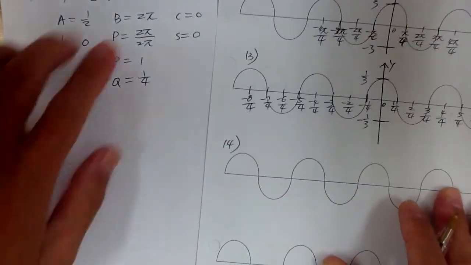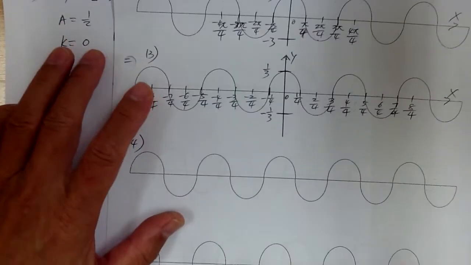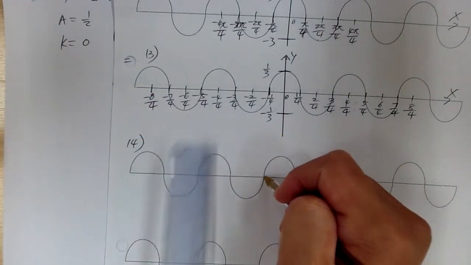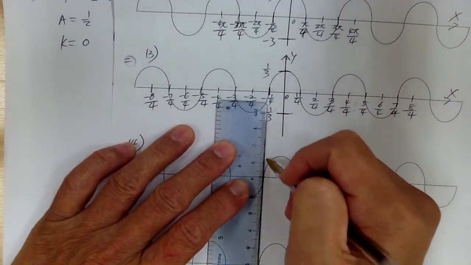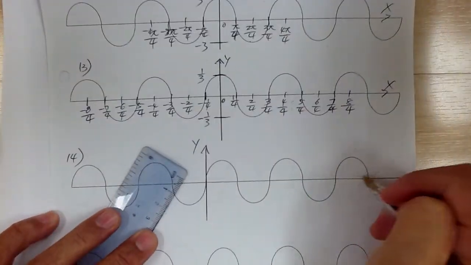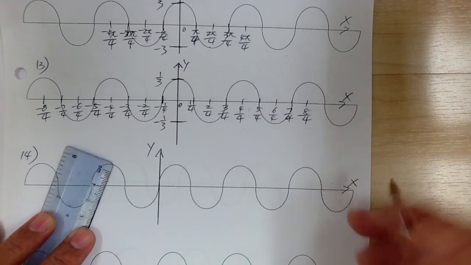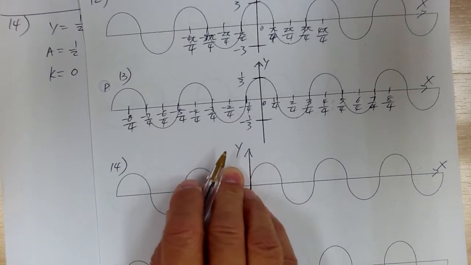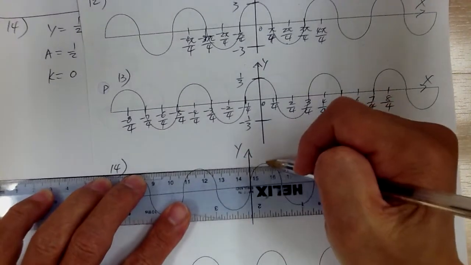So number 14, this is a sine function. Sine function starts going uphill, so it starts right over here. So that's the x. That's the y. Okay, so let's get the amplitude.